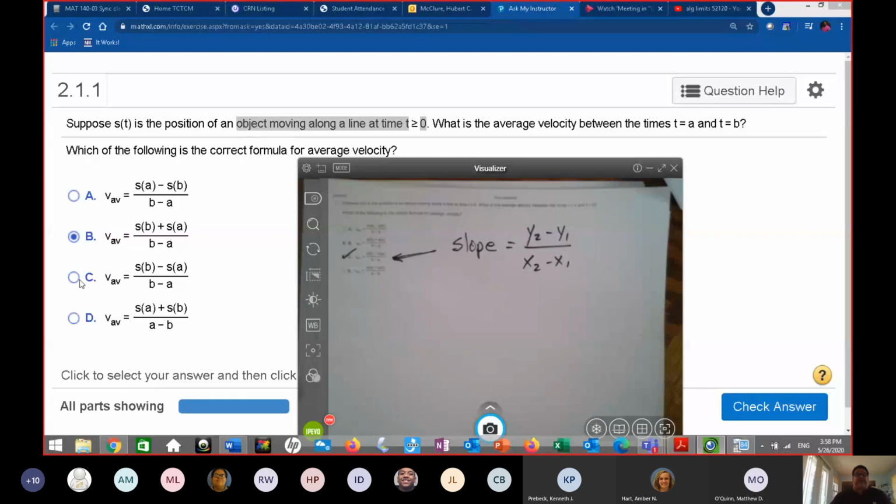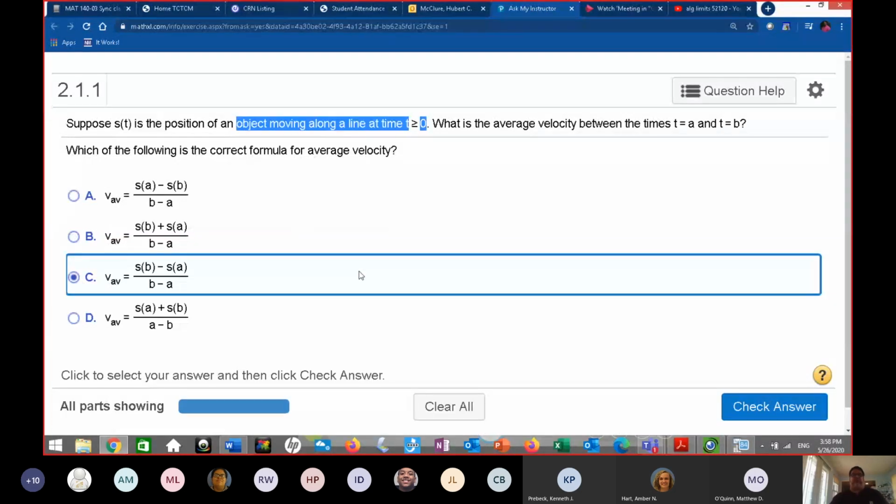So all it was asking, whoever sent this question, was the slope, basically. y sub 2 minus y sub 1 over x sub 2 minus x sub 1. It's not that one because that's a plus. It's not this one because it's backwards on top. And it's not this one because it's backwards on bottom and top.